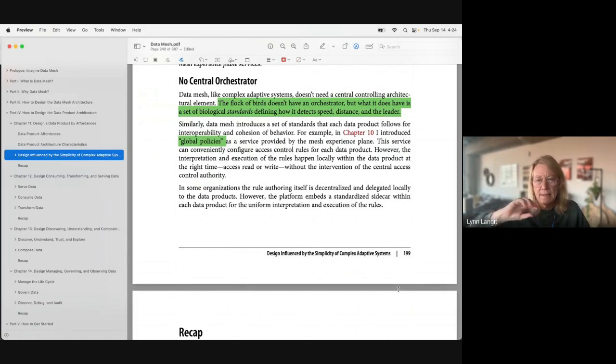So there is control, but it is a mesh. It's not a hierarchy. So she's talking about flocks of birds. They don't have an orchestrator, but they have a set of biological standards. So that would be the organizational policies. And here she does say global policies, right? So that is one of the hardest parts.